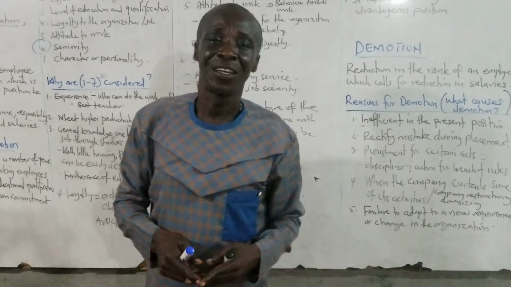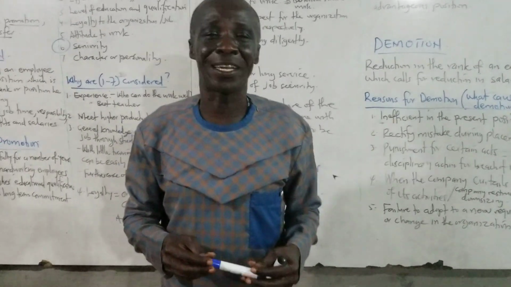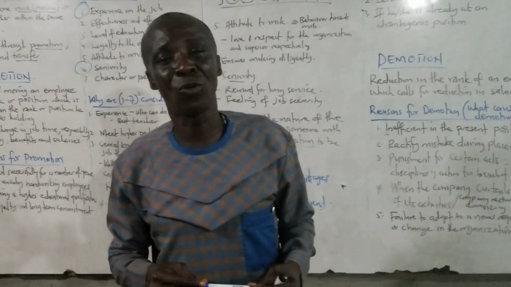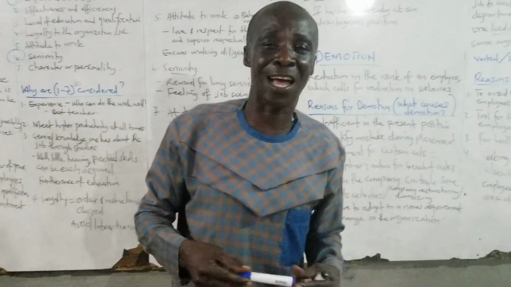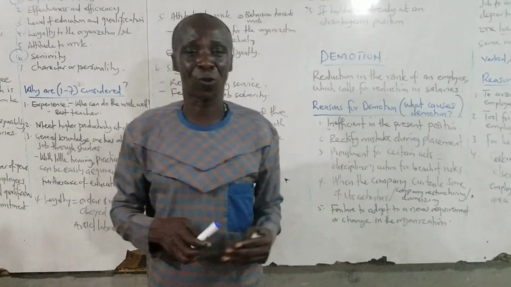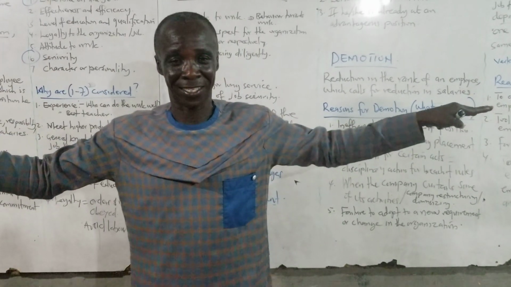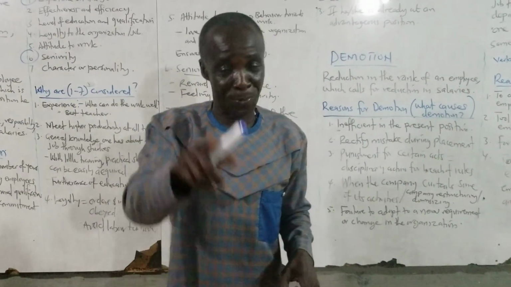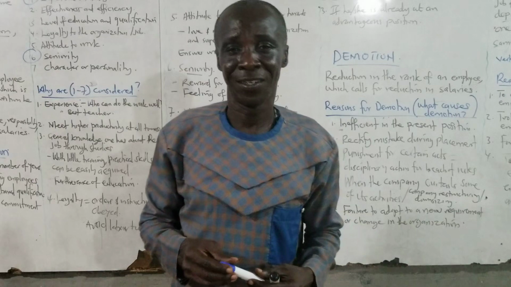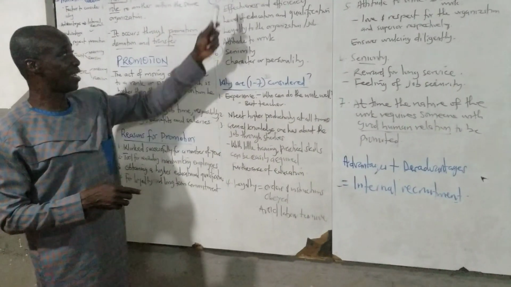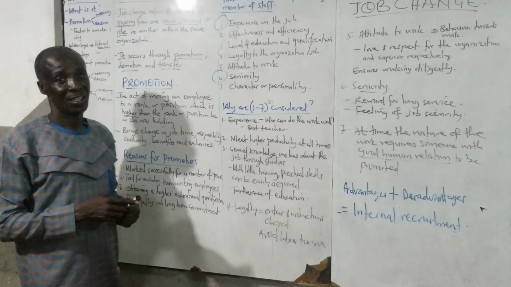If you went there and you met somebody who had worked in that organization for 15 years and they want somebody to become, for example, senior housemaster, all other factors held constant and we are using seniority, that person will be considered. So that is the difference between seniority and experience.